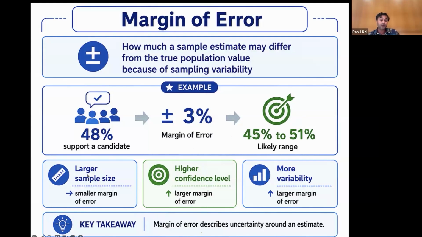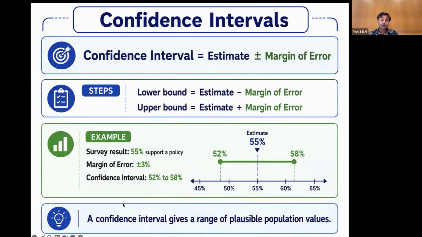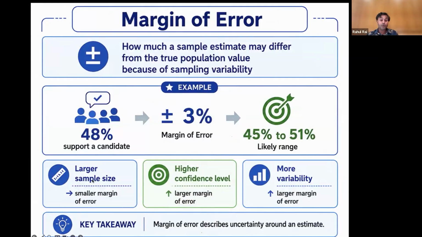So if 48% support a candidate, plus minus 3 margin of error, then the likely range is 45% to 51%. If your sample size is bigger and nearer to the total size of the population, then you will have a smaller margin of error, because you're collecting data on a larger number of people.